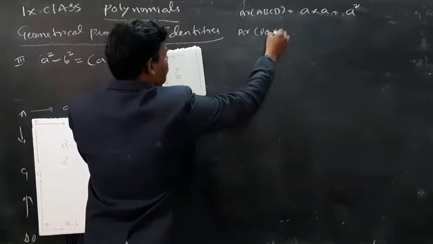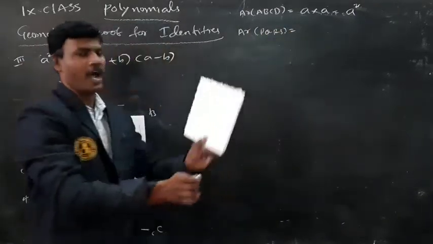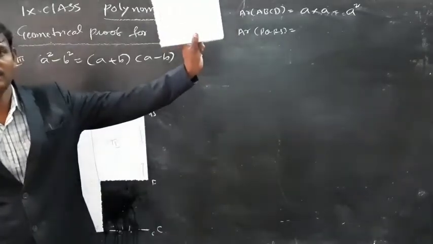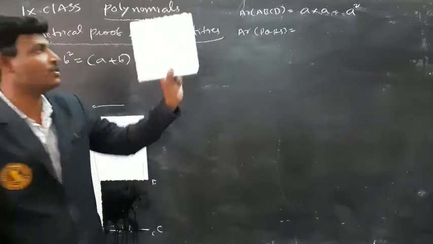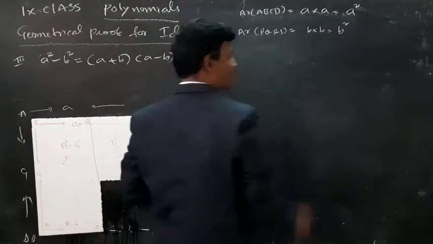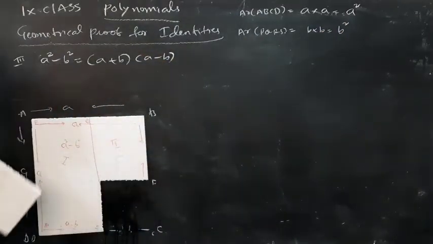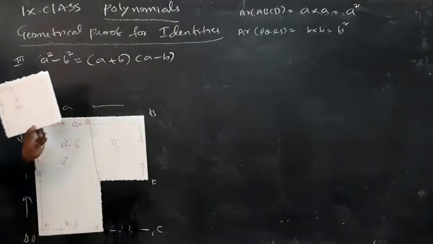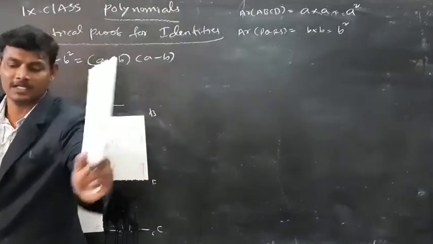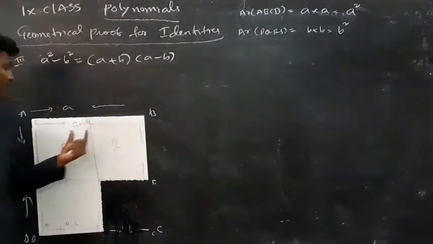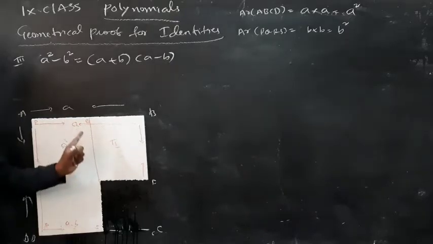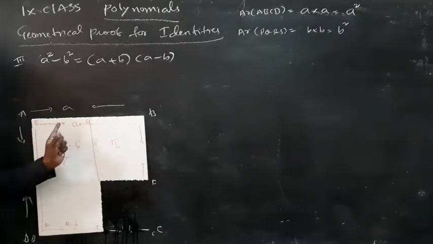Area of PQRS: the side of this one is b, so it is b into b, which is b square. From the total area a square, I remove the b square part. What is the area of the remaining figure? A square minus b square.